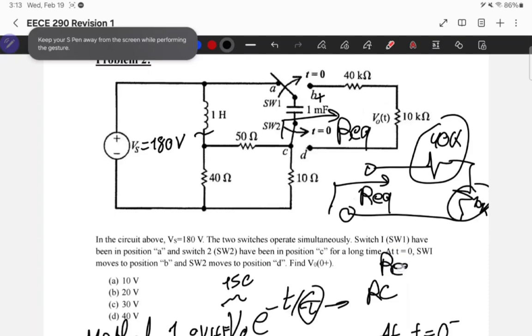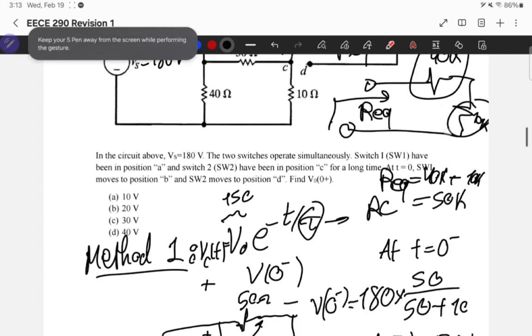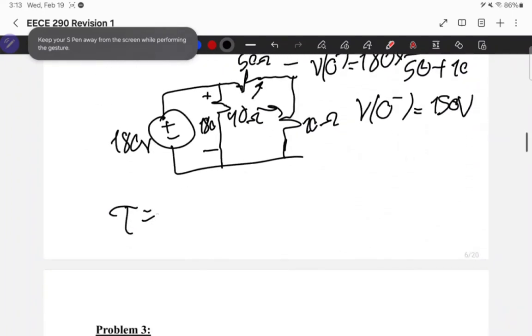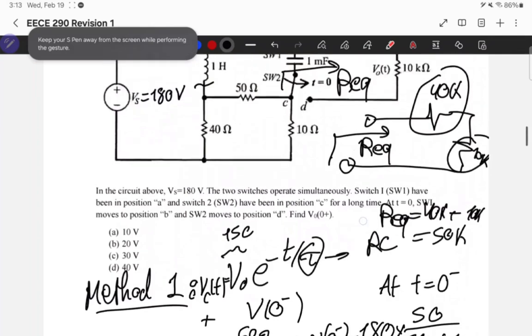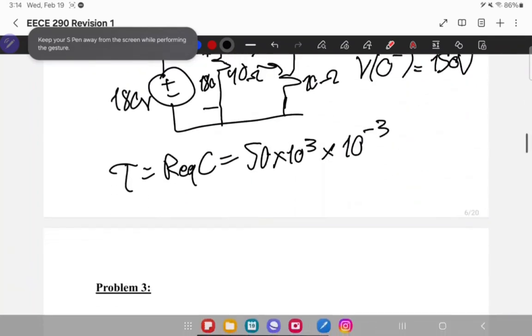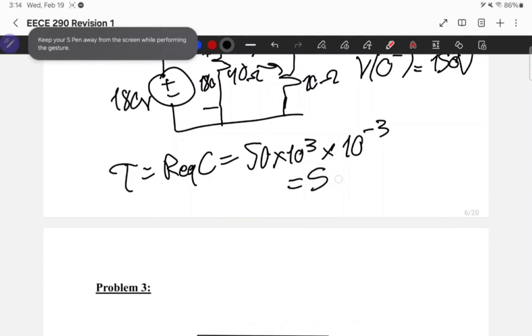So R equivalent is 40K plus 10K, equal to 50K. Tau is equal to R equivalent times C, so 50 times 10 to the 3 times the value of the capacitor, which is 1 milli, so 10 to the minus 3. This is equal to 50, and so tau is equal to 1 over 50 hertz.